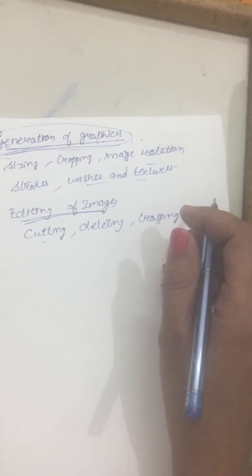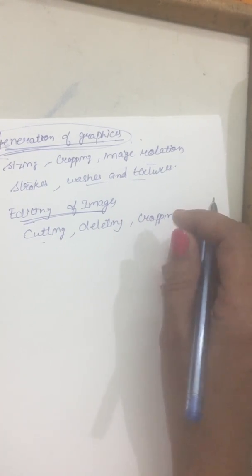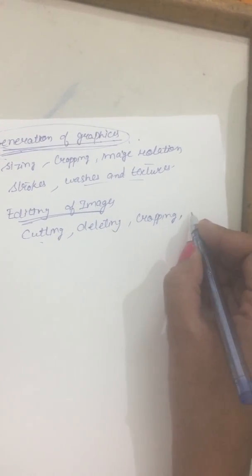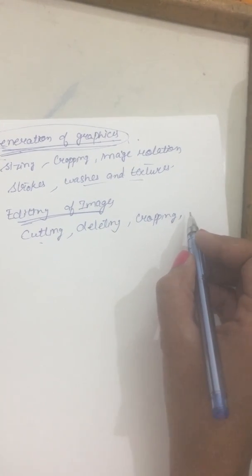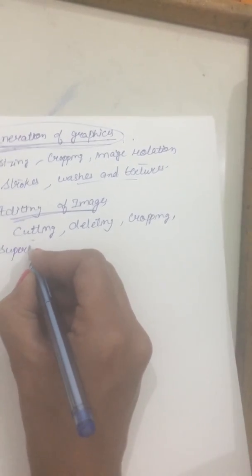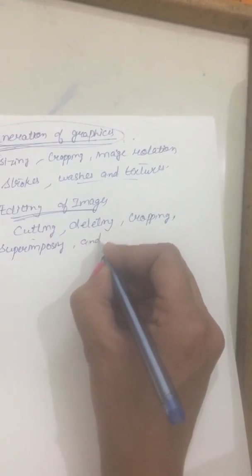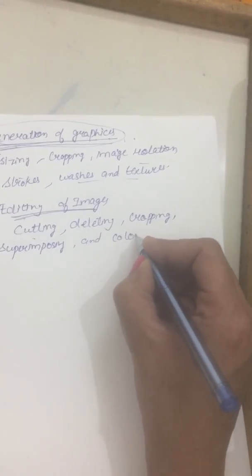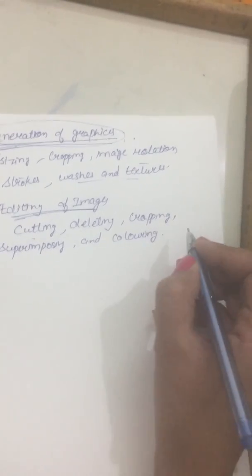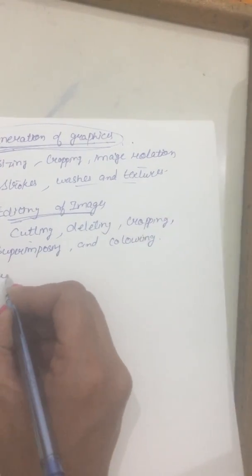We cut, delete and crop the extra part that will not be included in our image. Yes, cutting, cropping, deleting, superimposing and coloring. All this can be edited by DTP software.